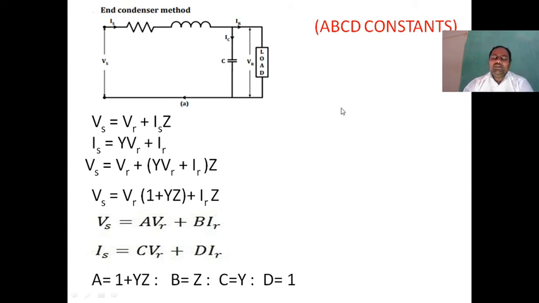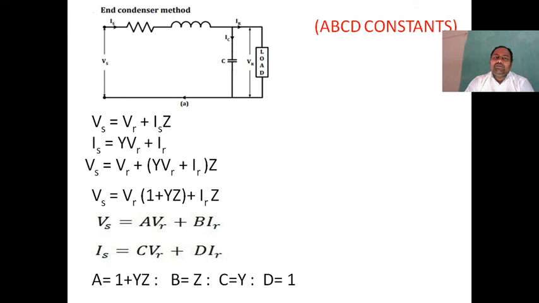Once you observe the medium transmission line, I give you some very important points. In medium transmission line, we have three methods: nominal T, nominal pi, and also end condenser method. In nominal T method, the total capacitance is in the middle of the transmission line. Half of the impedance is present in the sending end side as well as the receiving end side.